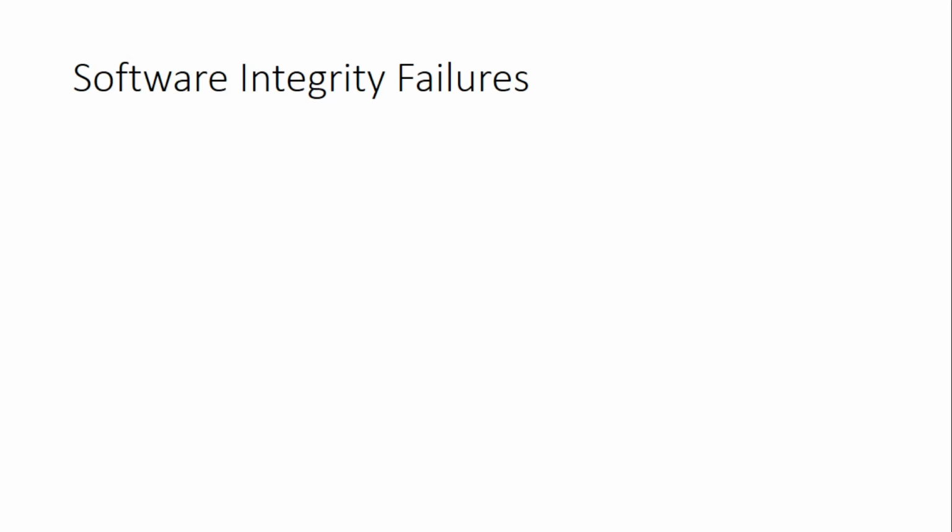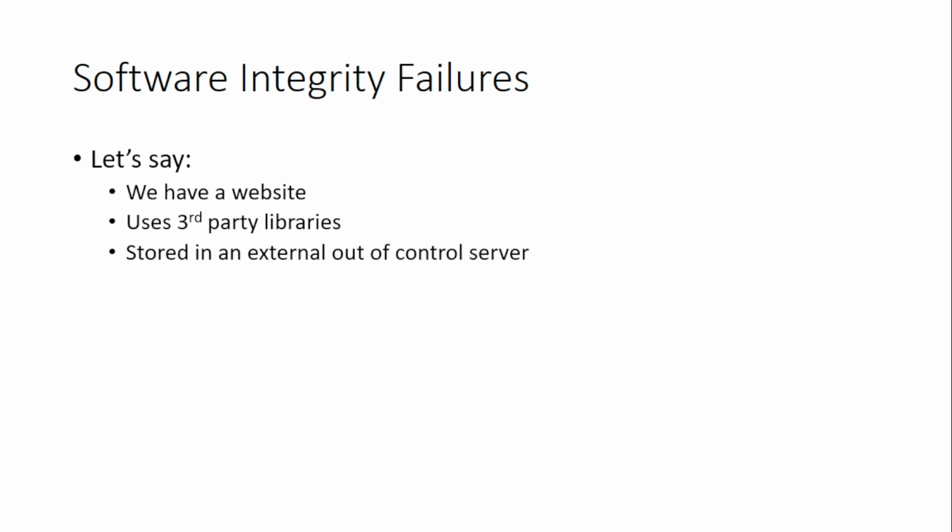So for software integrity failures, let's say that we have a website and this website uses third-party libraries, and they are stored, instead of being on our own servers, on an external out-of-control server.